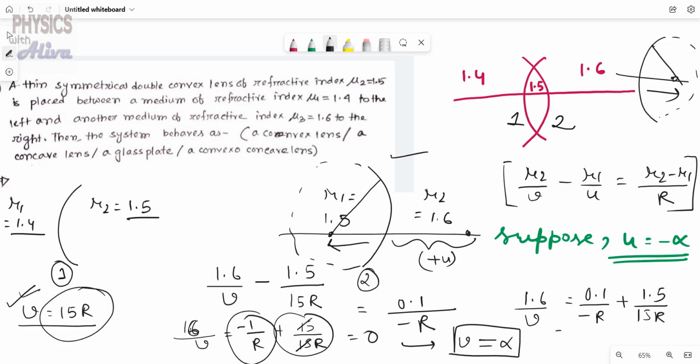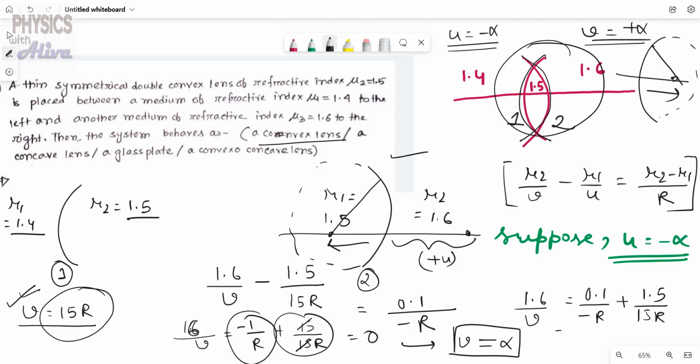So for the total combination, that means for the total lens, u was minus infinity and v was plus infinity. The object distance of the first surface will be the object distance of the lens, and the image distance of the second surface will be the final image of the lens. Now the options given are convex lens, concave lens, glass plate, or concave lens.